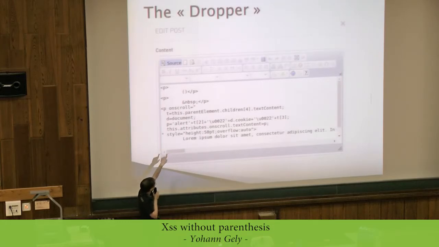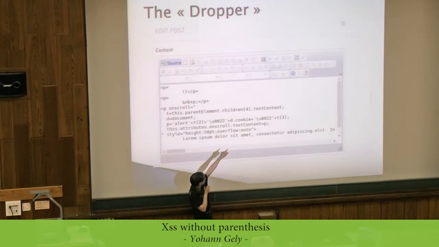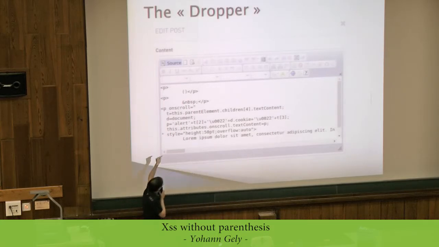So you just create a string with your function, the index of the parentheses in the text you got before, your quote, what to do. So this is just an alert cookie, and the floating parenthesis. You list the attributes of the current object. So this is the P with the onscroll.